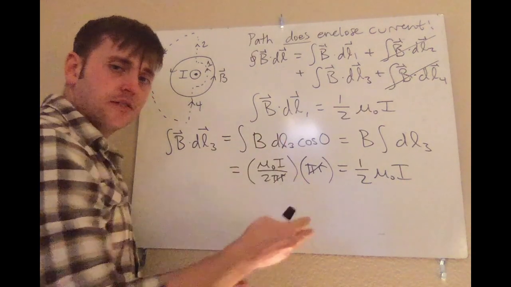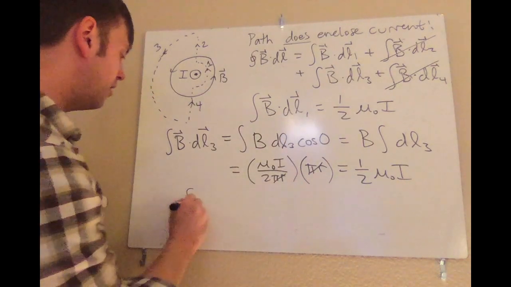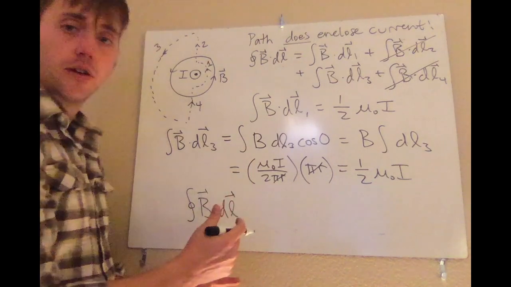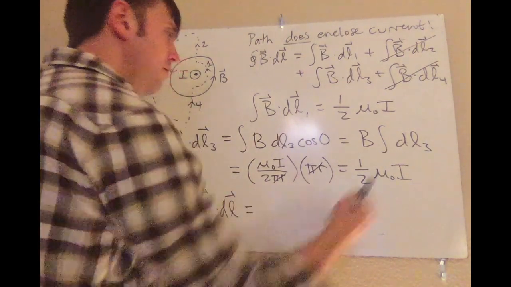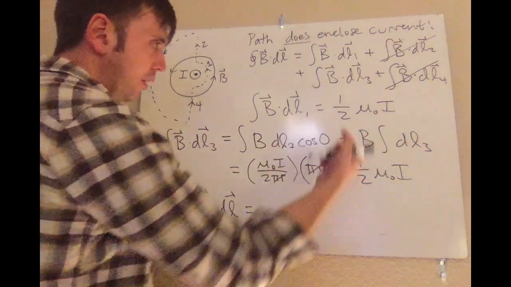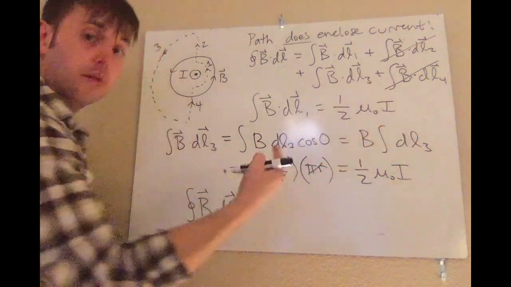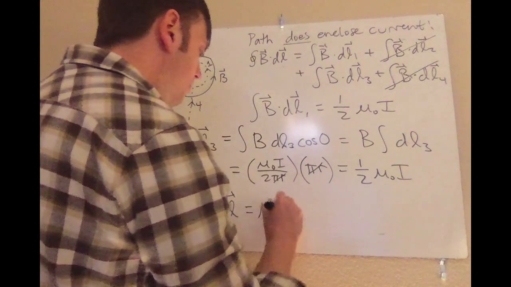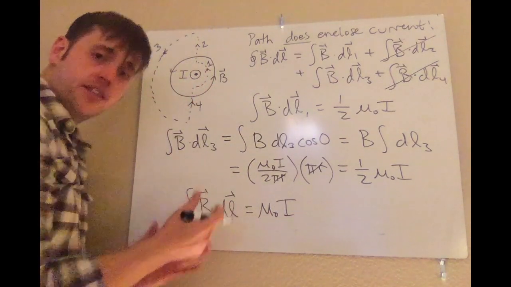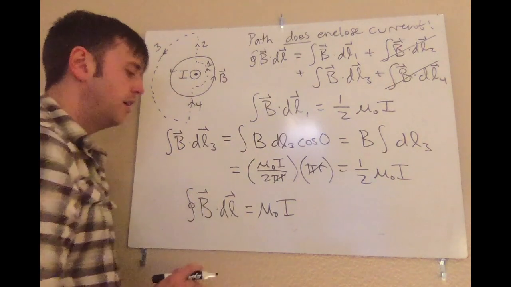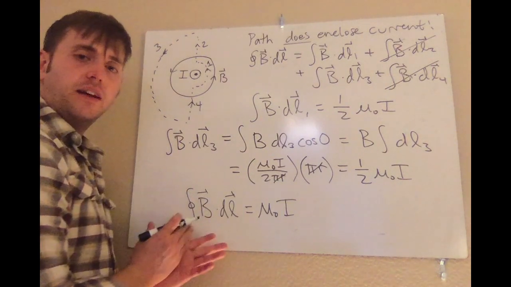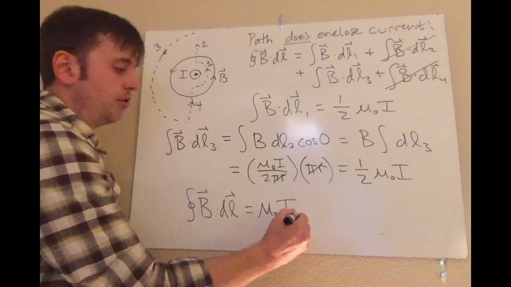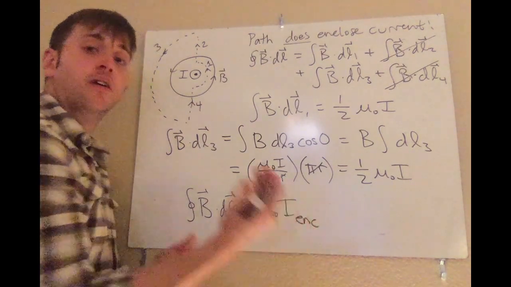Now it's coming out positive. So when we take the entire integral of B dot dl for the closed path, when we do enclose a current, we add these two together: 1/2 mu naught I plus 1/2 mu naught I. You just get mu naught I. And really, this is Ampere's law. This is what it's all about. If you take the integral of B dot dl over a closed path, that equals mu naught times the current that you're enclosing with that path.